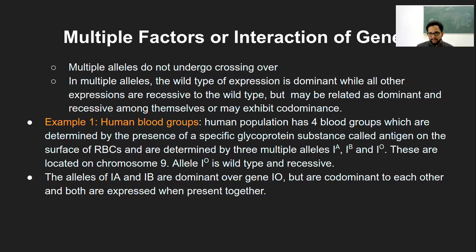Now no antigen, that is I^O, is the wild type and it is recessive, right? What we had said in earlier cases was that the wild type is dominant, but in this case the wild type is recessive, because over time I guess these antigens A and B were produced, and the original one was the wild type, which is expressed as O. When we say recessive and dominant, we usually assume that recessive is not getting expressed, according to Mendelian genetics.